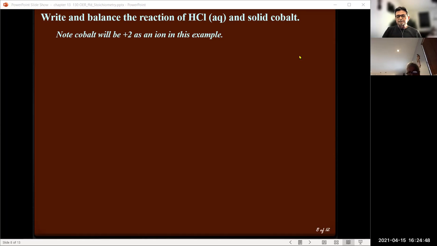Well, we have a reaction here that's only giving you the reactants. There's no products here. So you might think, well, wait a minute, how do I know? Well, this is what you do know, or you should know. There are only 6 types of chemical reactions that we have in chemistry.